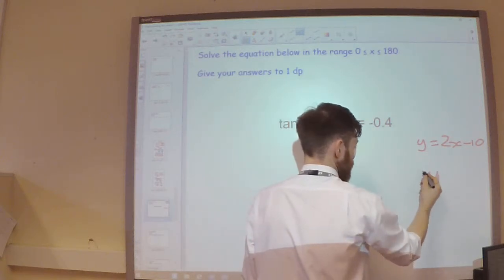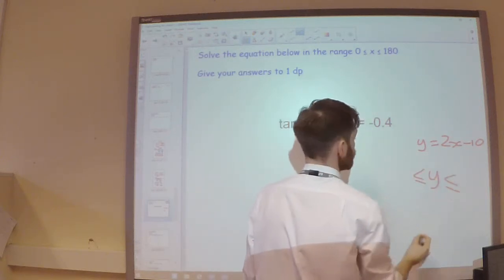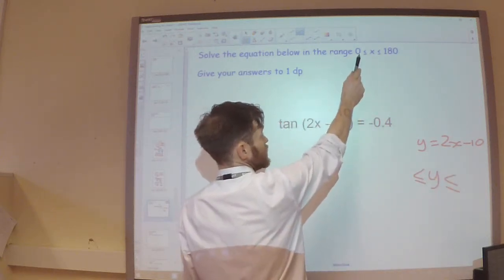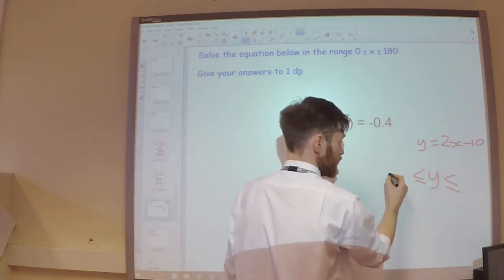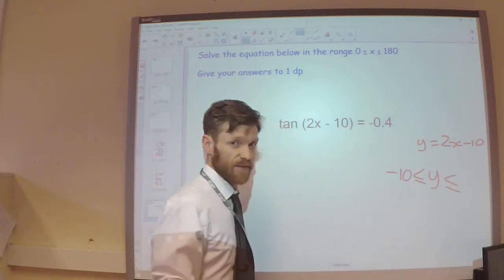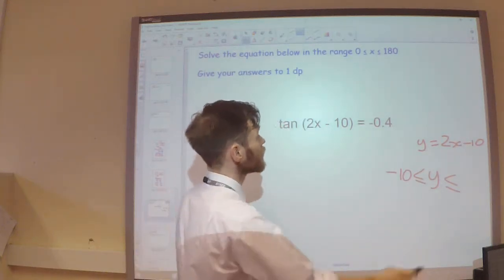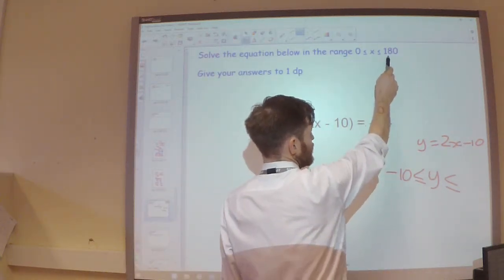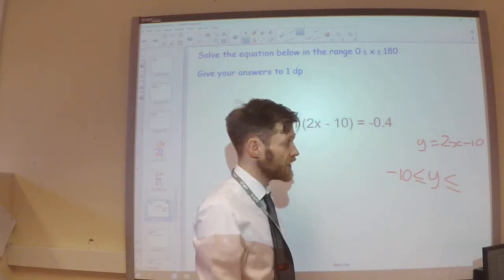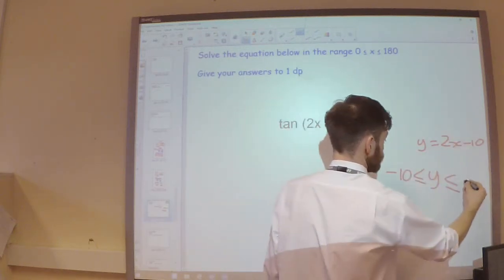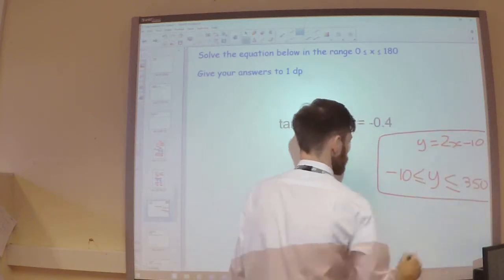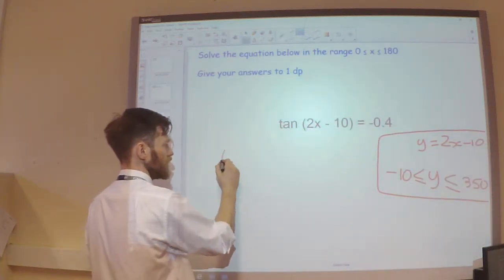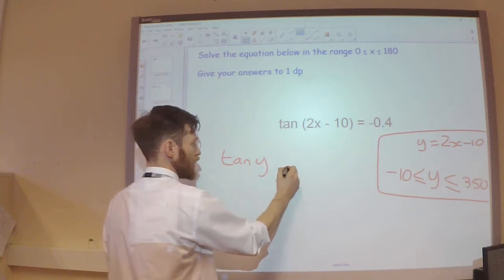So the range for y here, so if I times 0 by 2, I get 0, take away the 10, it's going to give me minus 10. 2 times 180 is 360, take away the 10, it's 380. Simplify my equation.